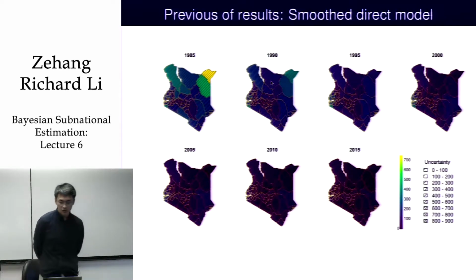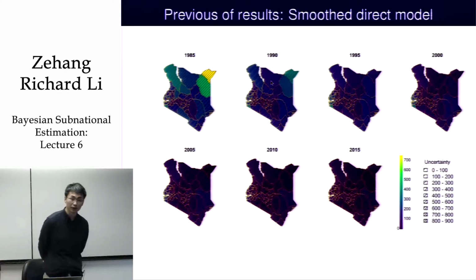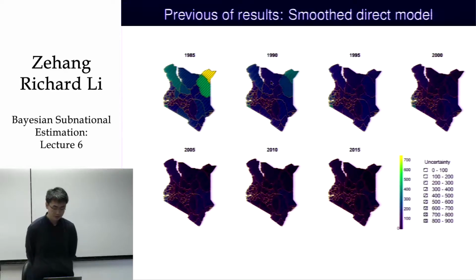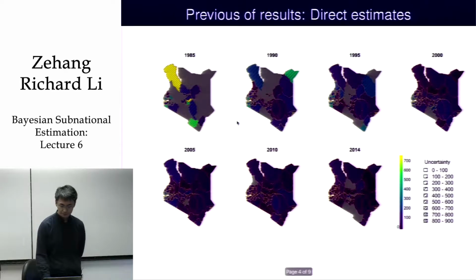Then we will also look at the smooth direct estimates. Basically we take the results on the previous slides and fit a smoothing model on top of them. If you compare the two, notice that the color scales in those two figures do not exactly correspond, but the uncertainty bands have the same interpretation.